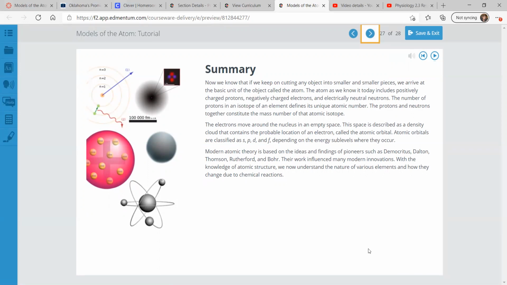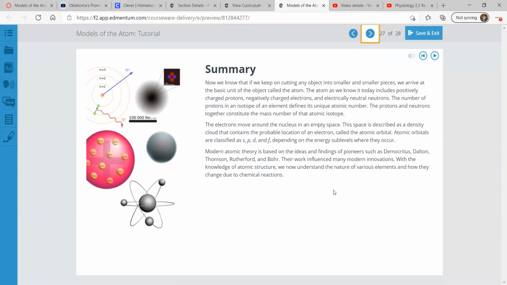The protons and neutrons together constitute the mass number of that atomic isotope. The electrons move around the nucleus in an empty space. This space is described as a density cloud that contains the probable location of an electron, and those are called the atomic orbitals. We classify those as s, p, d, and f, depending on the energy sublevels where those occur.